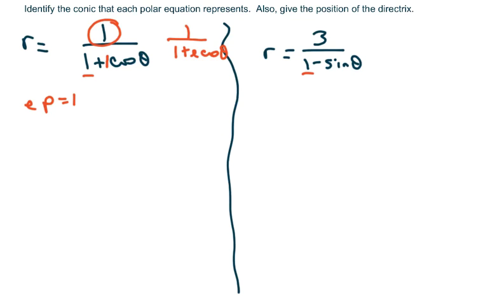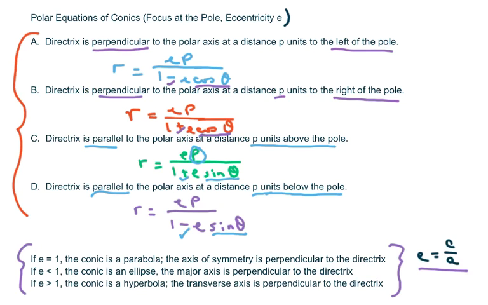So basically our e is 1. That means our p is 1, because you set these equal, so 1 times 1 is 1. So p is 1, and it satisfies this part here. That means the directrix is perpendicular to the polar axis at a distance of 1 unit to the right of the pole. So that's how we're doing these.